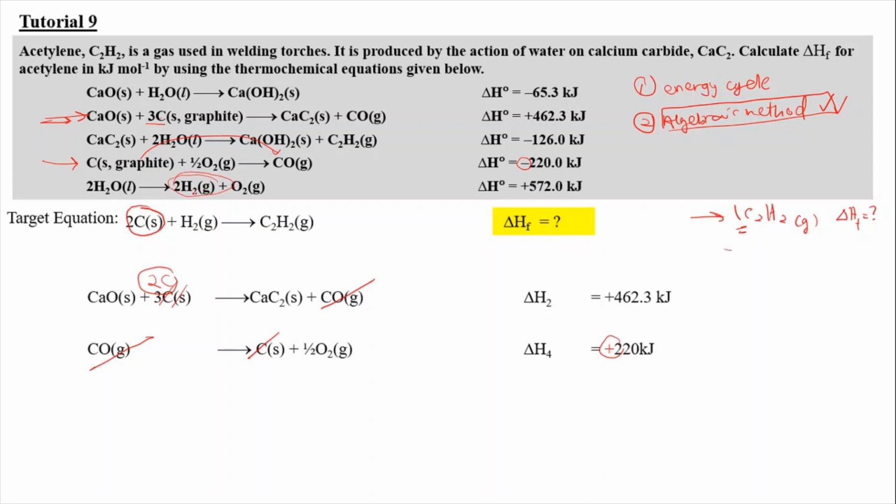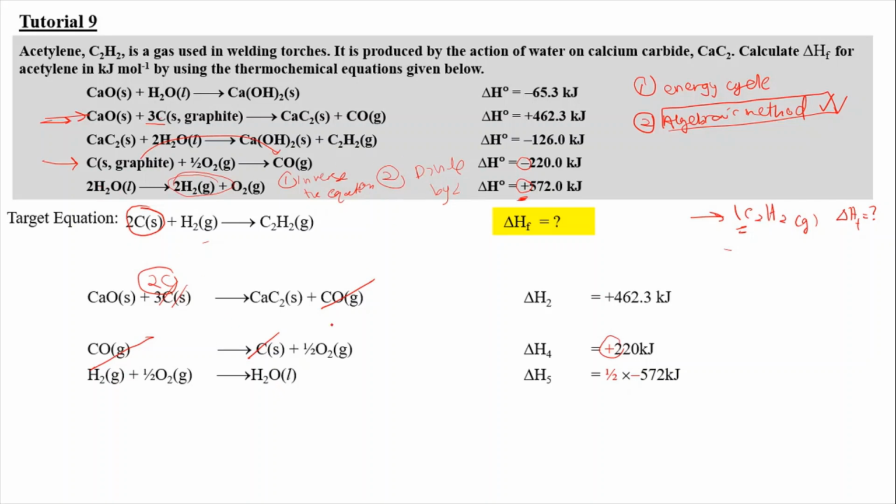First, this one is a product, but we need it to be in the reactant, so we're going to inverse the equation first. When we inverse the equation, the sign will change. Second, we only need 1 mole, but here there are 2 moles, so we can divide by 2. So 2H2 plus oxygen is on the reactant side and produces 2H2O.